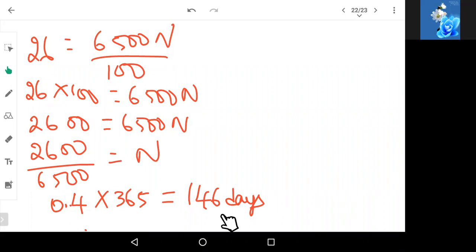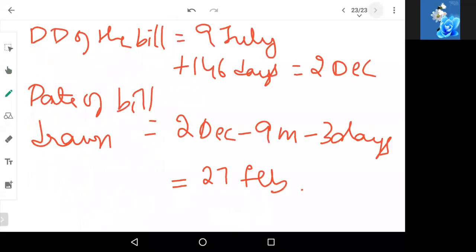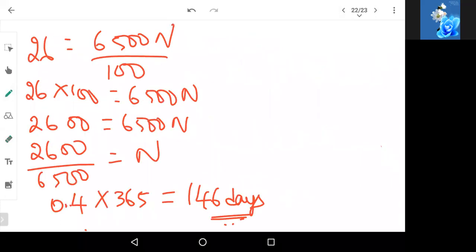Now, why are we finding this number of days? Because we have to get the exact date on which the bill was drawn. Now, how do we find the bill date? After getting the N value as 146 days, let us find out the due date of the bill. The N that you see here is the unexpired period.